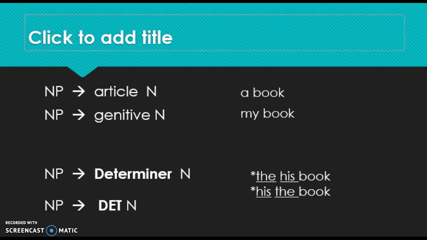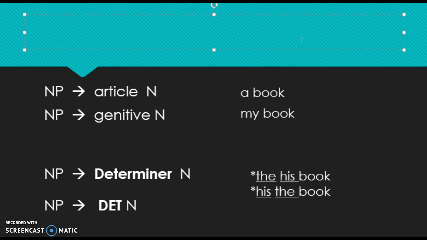Because there is this pattern in the idea of noun phrases, we want to recognize that this is articles with a noun like a book and genitives with a noun like my book. They pattern the same way in English sentences and in English speech.